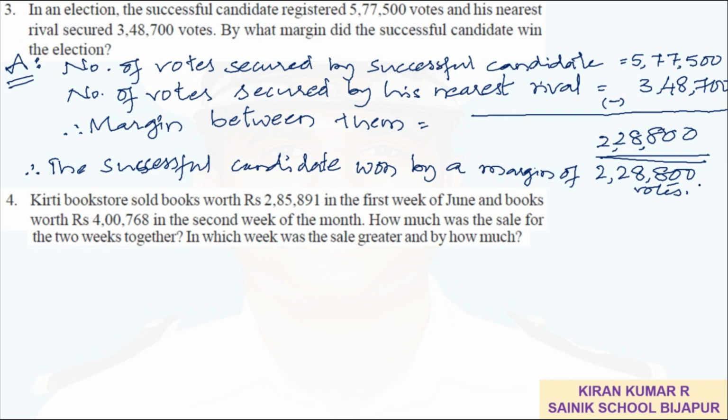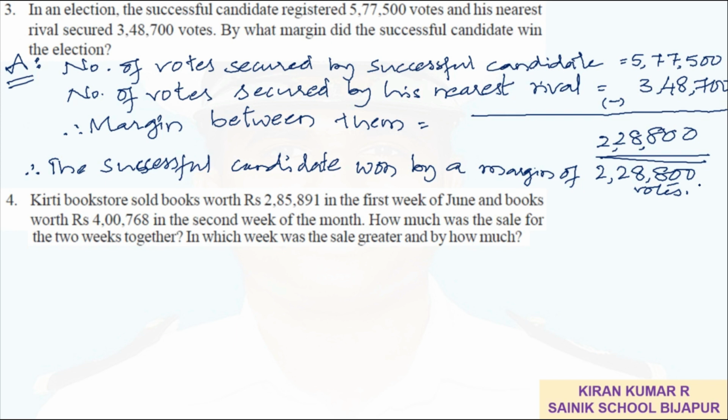Kirti Bookstore sold books worth rupees 2,85,891 in the first week of June, and books worth rupees 4,768 in the second week of the month. How much was the sale for the 2 weeks together?